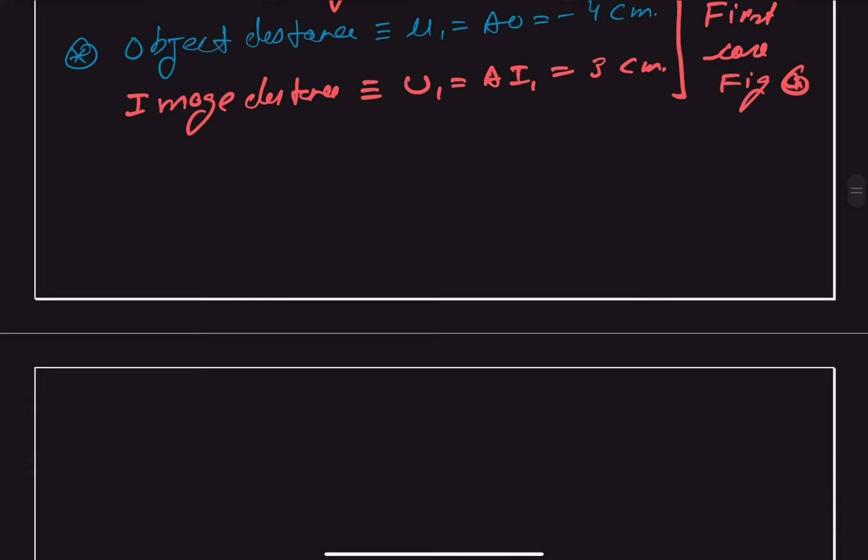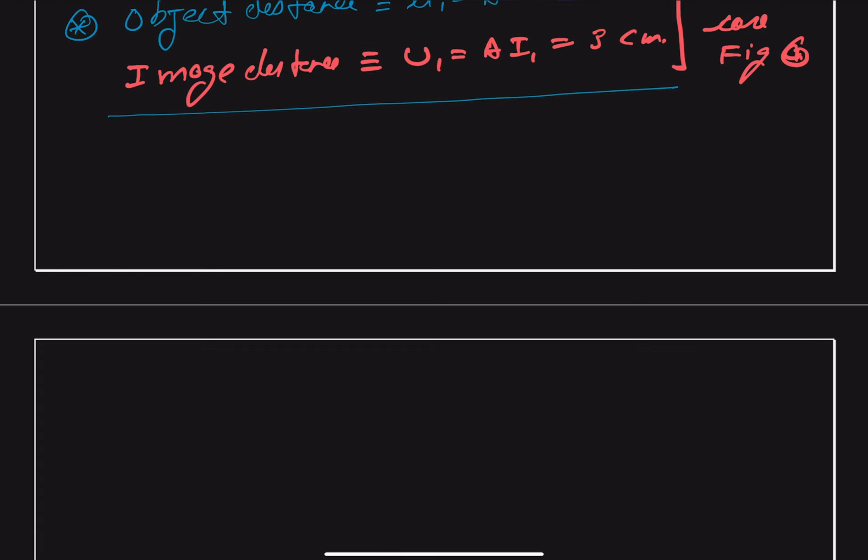Then once again we come to our second case. So we have our image distance, let us suppose that is our V, and we consider that will be our AI2, that will be equal to minus 25 by 8.